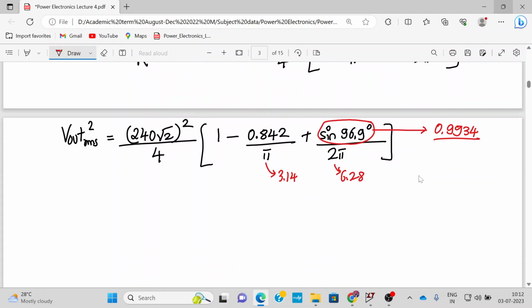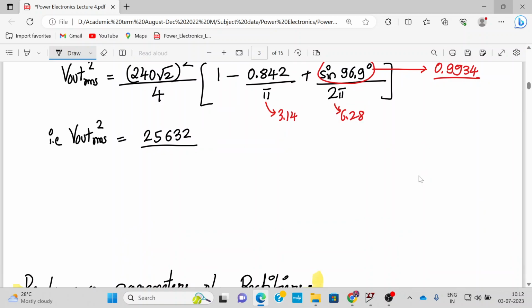All right, so if you plug in all the answers, you will get the value of V out RMS square as 25632. Okay, that's the number which we get, and we need to find the value of V out RMS from here.